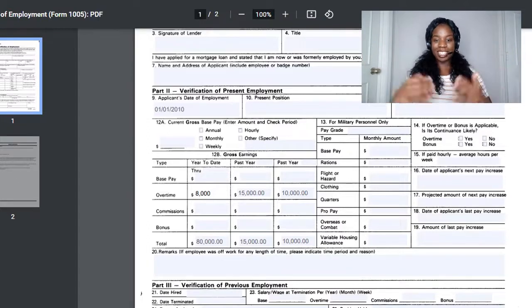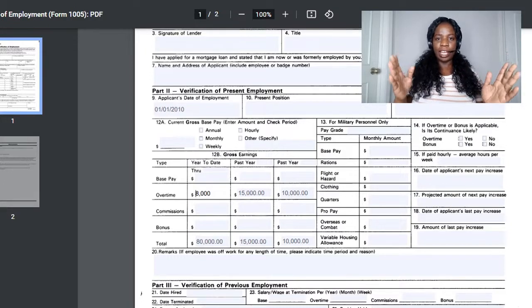So, here it is. Here we have our standard verification of employment form. I'm not going to do too much screen sharing. I'm just going to have a conversation with you, and hopefully my knowledge can pass on to you as to how to navigate your file or your income when you have a borrower that is utilizing variable income in order to qualify for their loan.